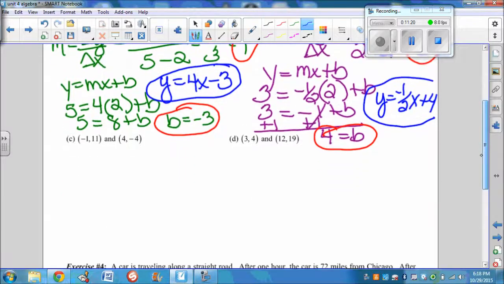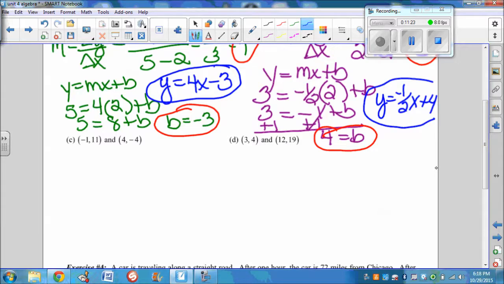Okay, let's do it a couple more times. Hopefully by the fourth time, it will be super easy for you guys. So what do I start with? I start with my slope, change in y over the change in x, and I might go this way: 11 minus negative 4, which is 11 plus 4, and then negative 1 minus 4.